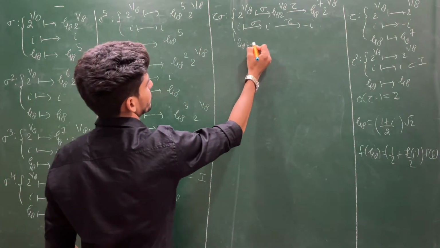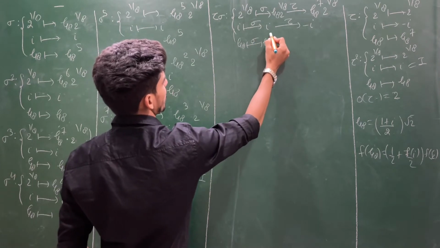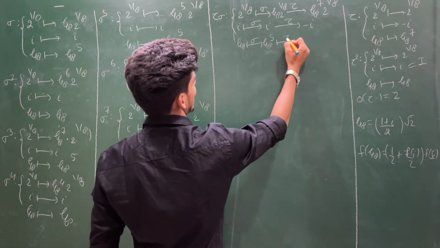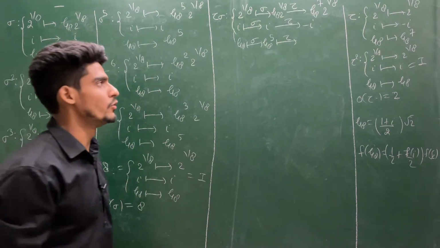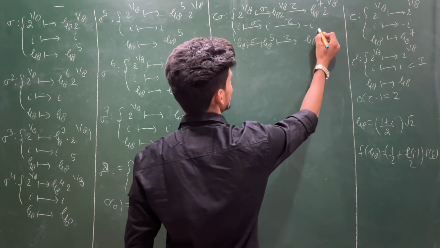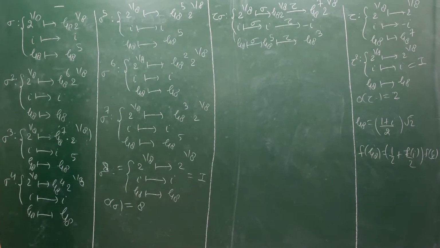Your zeta 8 goes to zeta 8 to the power 5 under sigma, and tau sends this to the power 35, but if you divide by 8, you will have remainder 3, so it will be zeta 8 to the power 3. So this is the tau sigma element.